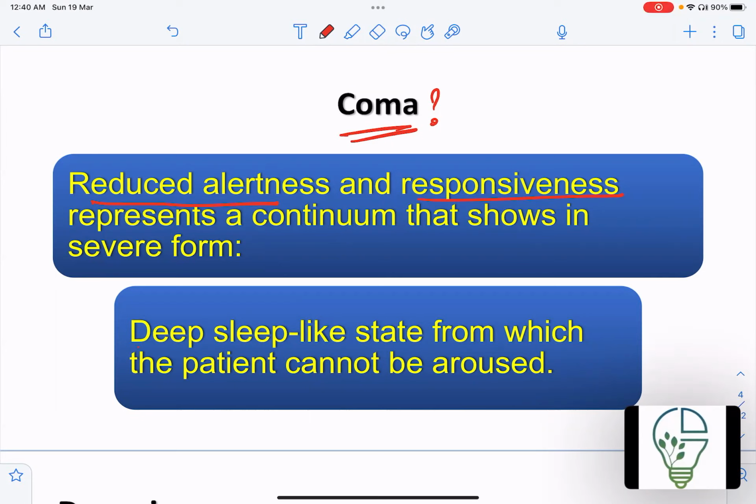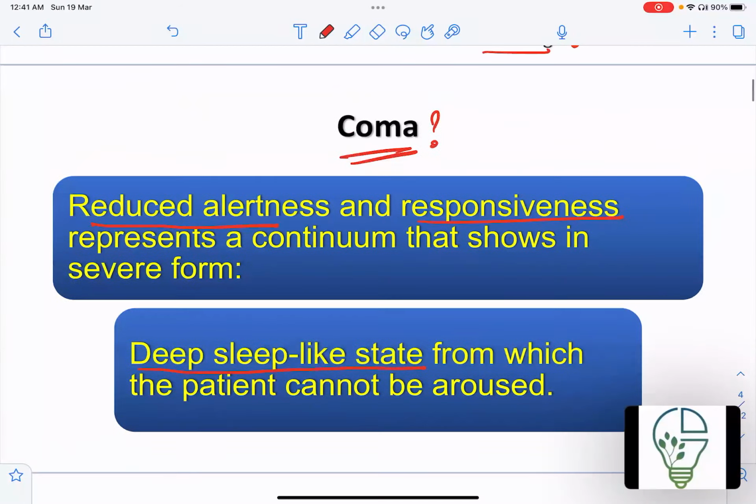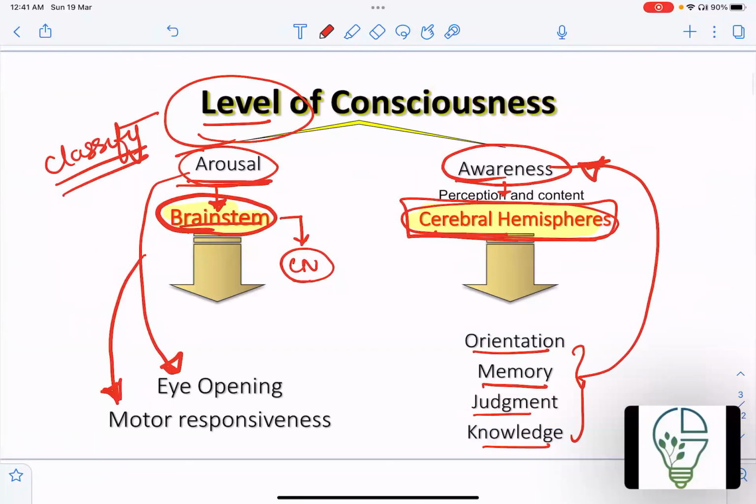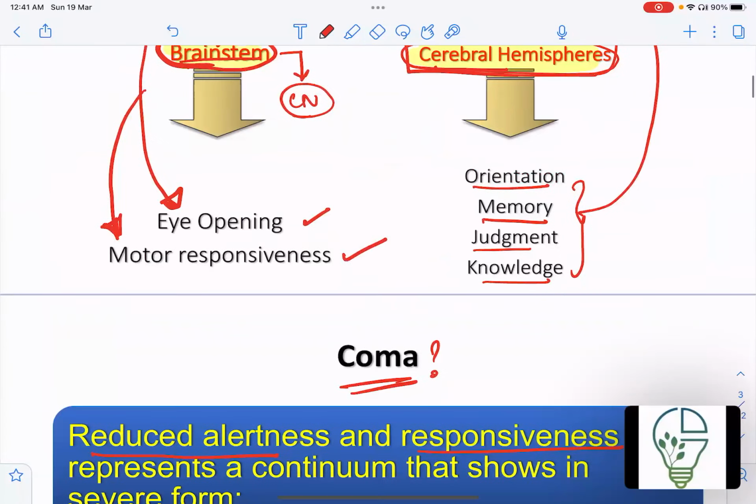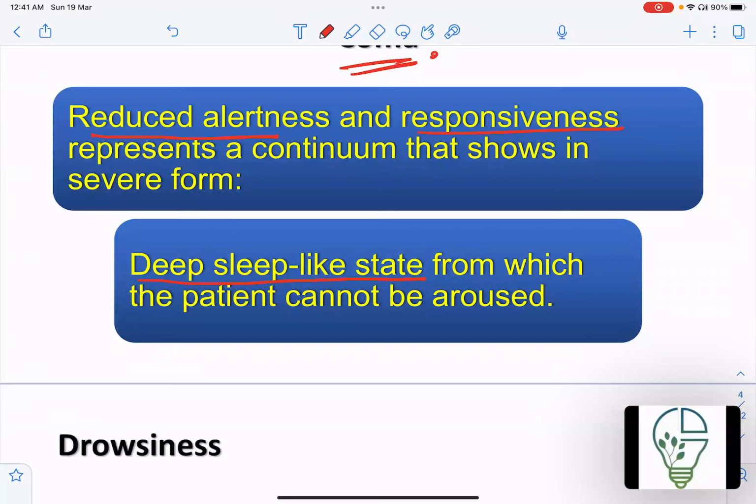It's basically a deep sleep-like state from which the patient cannot be aroused no matter what. You can try reflexes, you can try stimulating different things that we spoke about, like the eye opening, the motor responsiveness, and the patient would not wake from this deep sleep-like state, right?